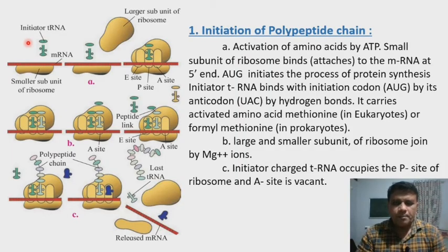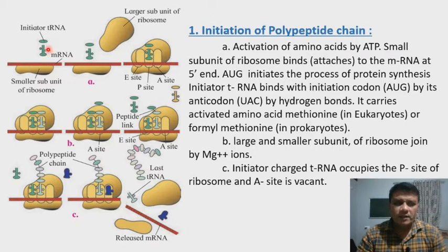The first step in the process of translation or protein synthesis is initiation of the polypeptide chain. Now this diagram shows the details of the process of protein synthesis. At first there is activation of amino acids by ATP. The amino acid molecules present inside the cytoplasm obtain energy from ATP and get activated.